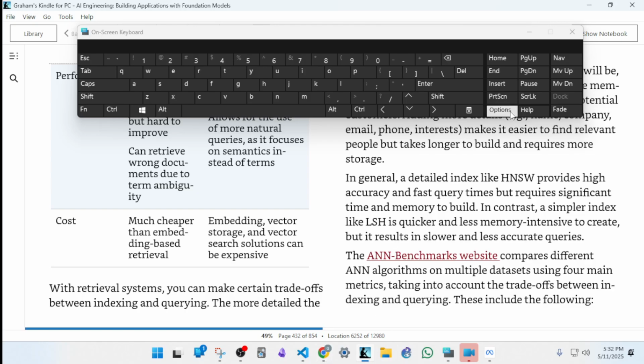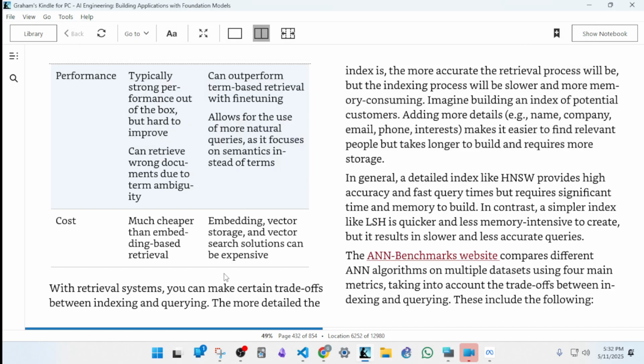With retrieval systems, you can make certain trade-offs between indexing and querying. The more detailed the index is, the more accurate the retrieval process will be, but the indexing process will be slower and more memory consuming. Imagine building an index of potential customers.